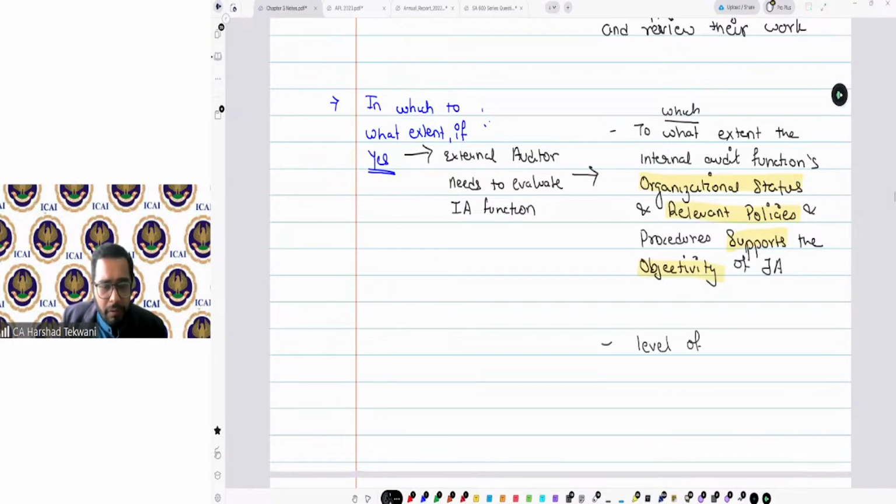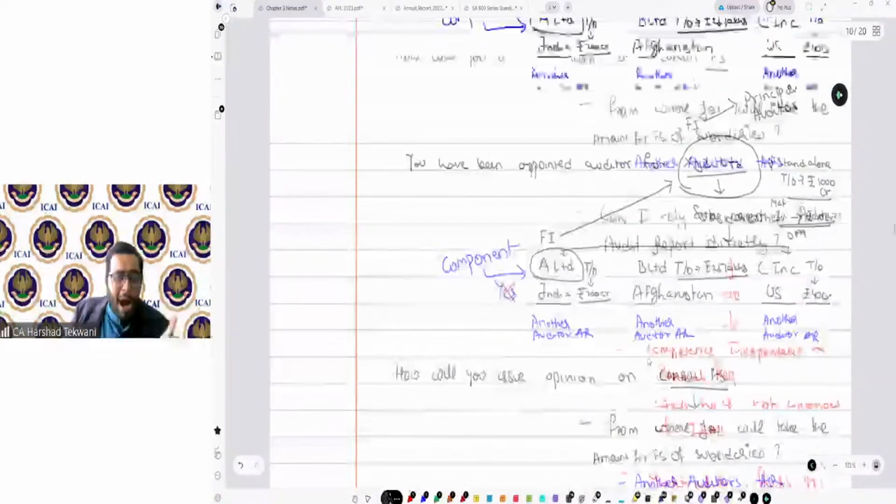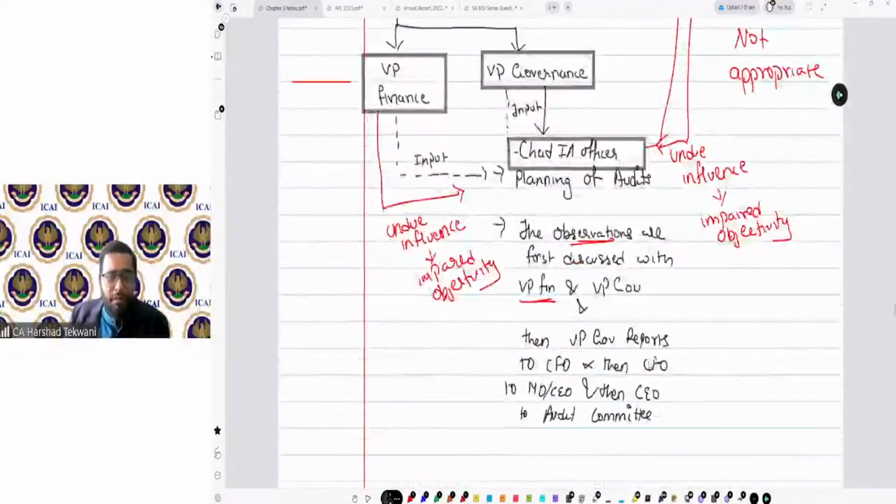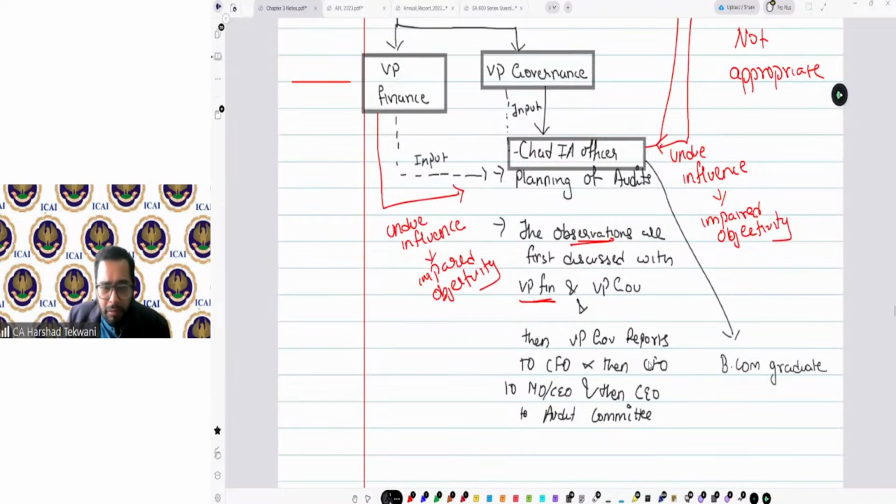Number 2, level of competency of the internal auditor or internal audit function. Level of competency means who is there. Let's say, for example, the chief internal audit officer is a BCom graduate, passed in 2022.